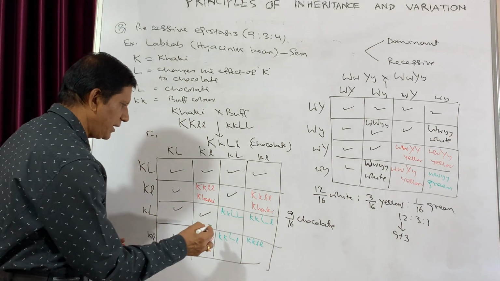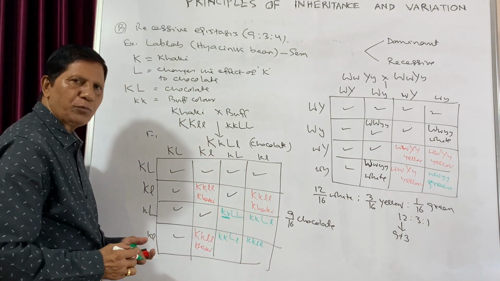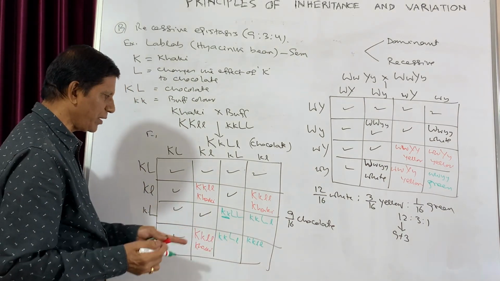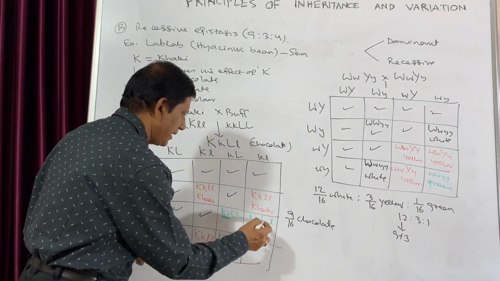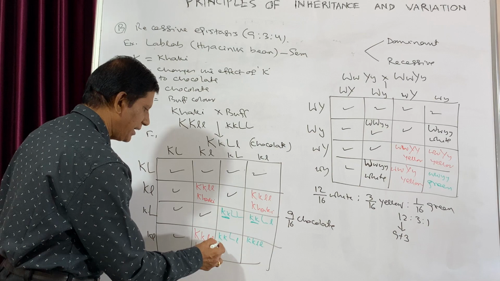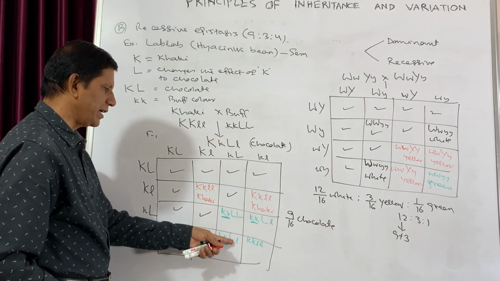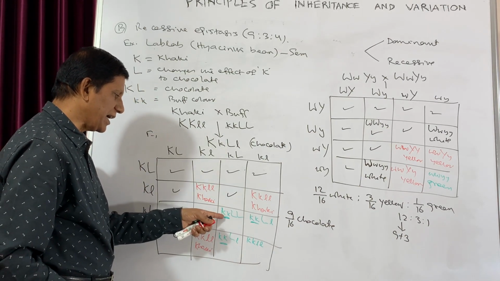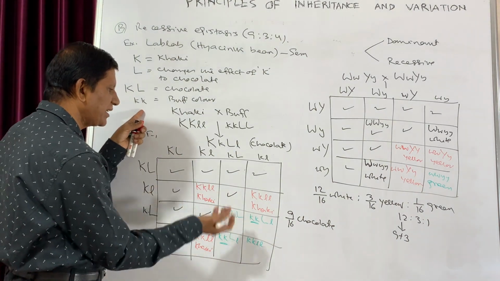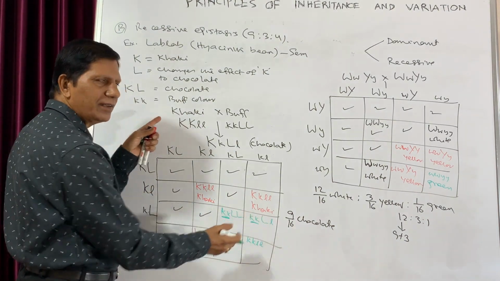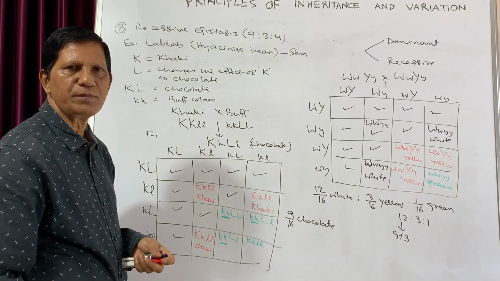That means here both are present in double recessive form, but L is dominant. Here the same case, one dominant L is there, and here also one dominant L is there. But here this k, which is present in recessive form, is suppressing the expression of L. That is why it is recessive epistasis.